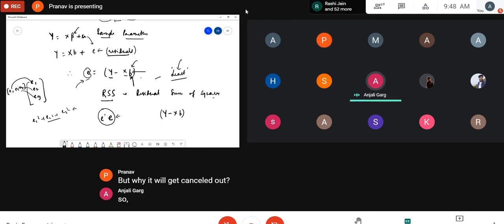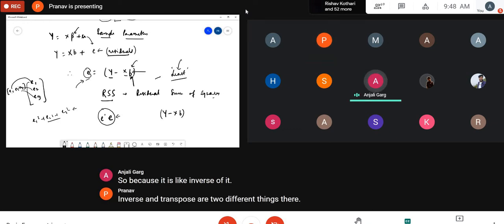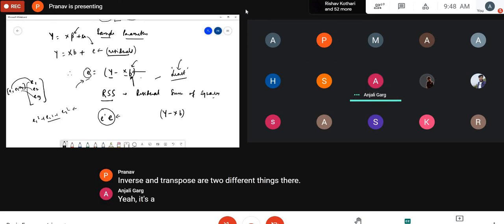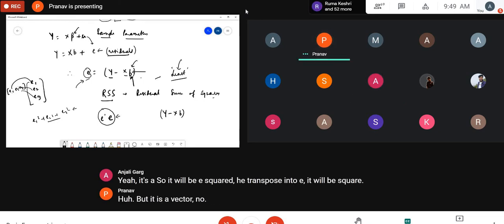No, because it is like the inverse of it. Inverse and transpose are two different things, dear. Yeah, but sir, it will be E square. E transpose into E. It will be E square. But it is a vector, no? It's a vector, it's not a scalar quantity.